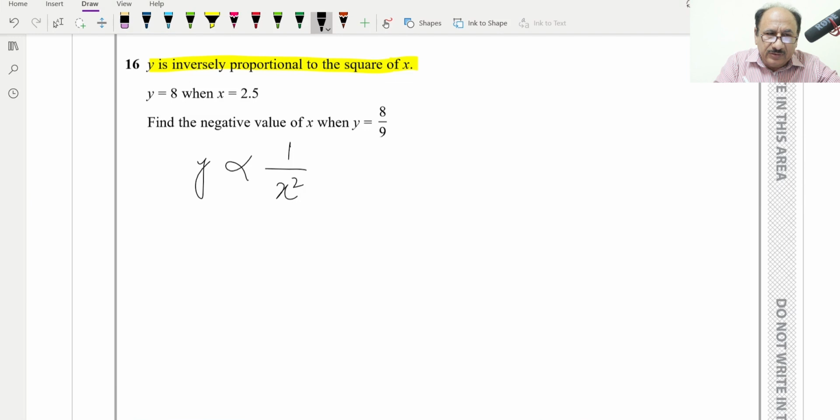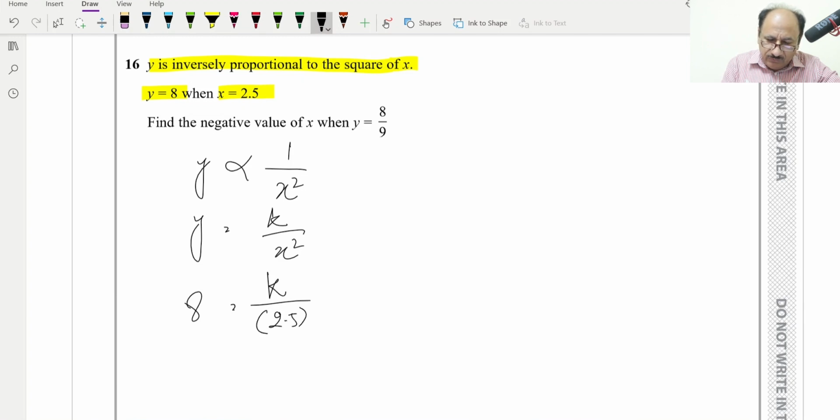So we can write y is equal to k over x squared, and they're saying y is equal to 8 when x is equal to 2.5. So k over 2.5 squared.